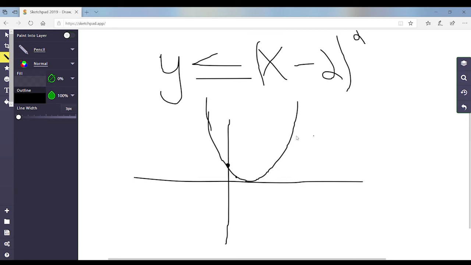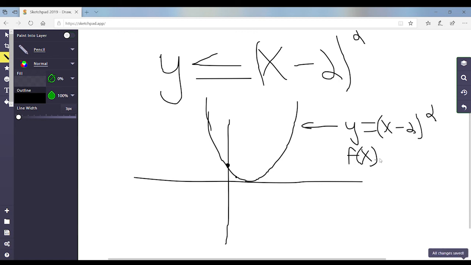this graph here, with just this line, this line is basically y equals x minus 2 squared, okay? It's basically like saying, or like f of x, if you're more familiar with that. F of x equals x minus 2 squared. So it's just a normal equation, right? We've done this before, okay?